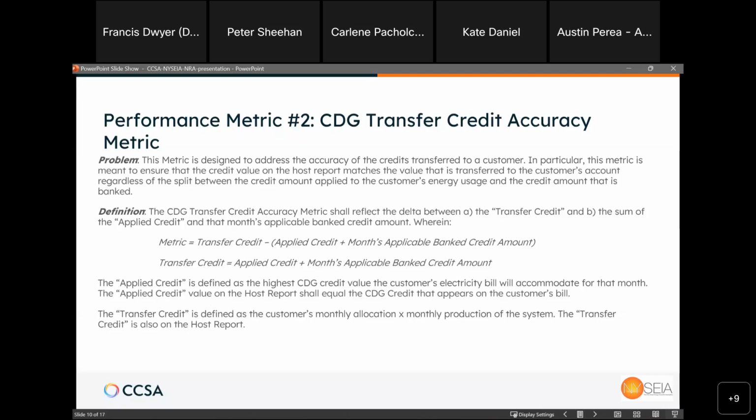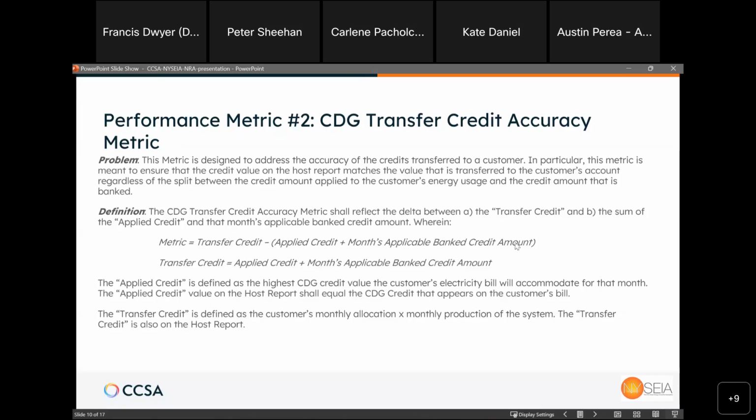That would be looked at in comparison to the applied credit, which we are defining as the highest CDG credit value that the customer's electricity bill will accommodate for that month. The applied credit value on the host report should also equal the CDG credit that ultimately appears on the customer's bill.